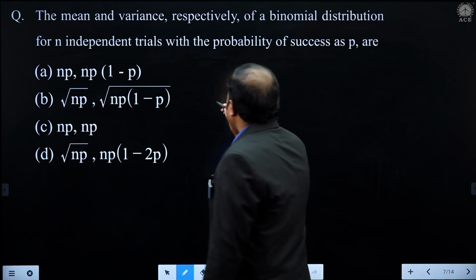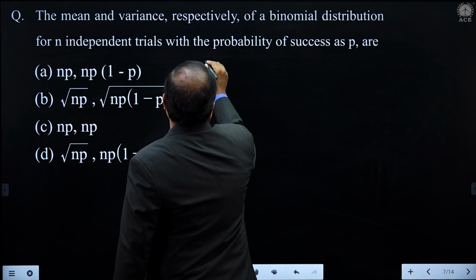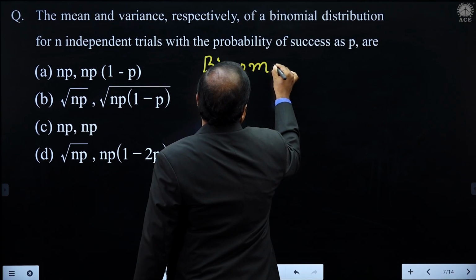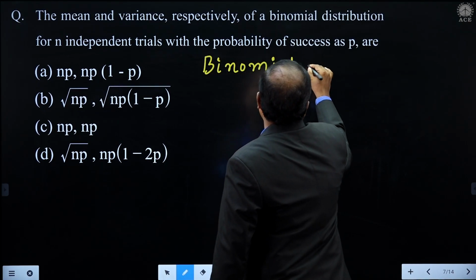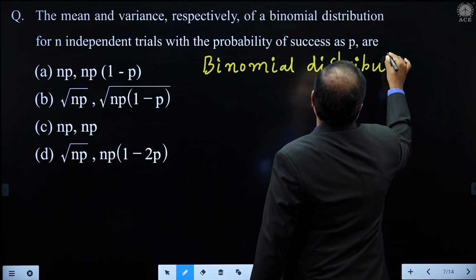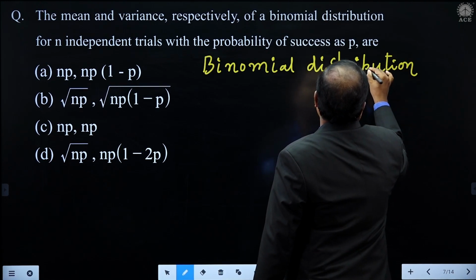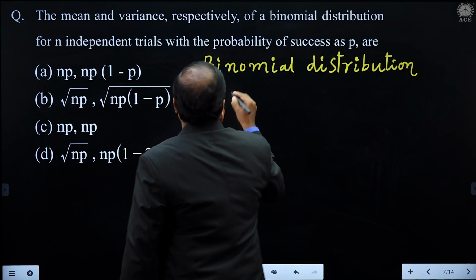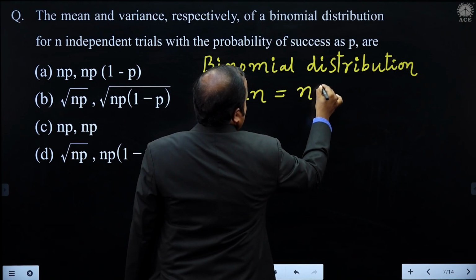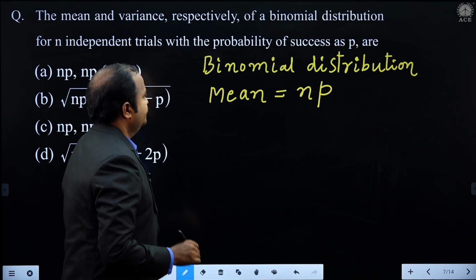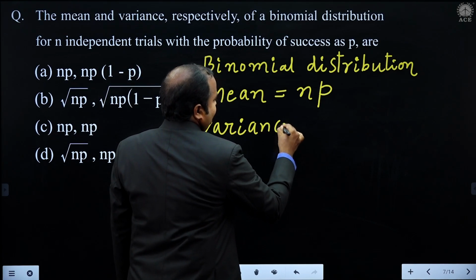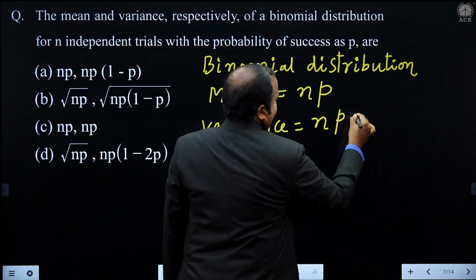We know that for a binomial distribution, mean equal to np and variance equal to npq, right?